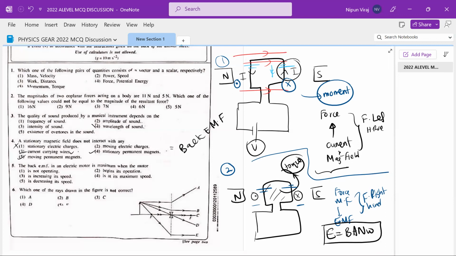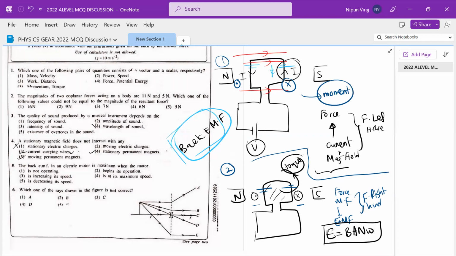So back EMF is not a complex thing. It is simply both these things: the electric motor's mechanism of producing a torque using a current, and the electromagnetic induction mechanism of producing the EMF using a torque. Both happen together. That is what we call back EMF.